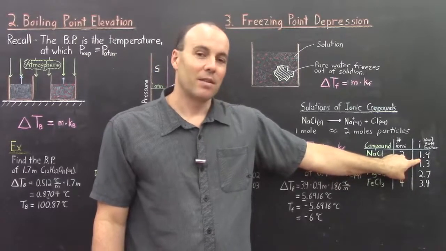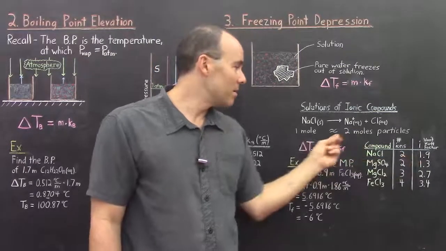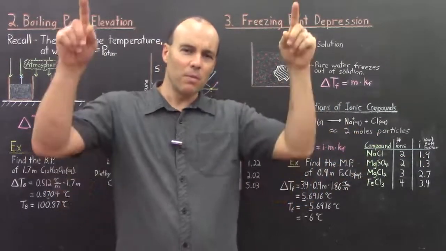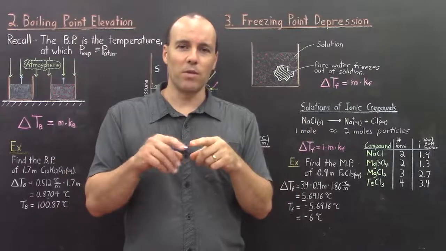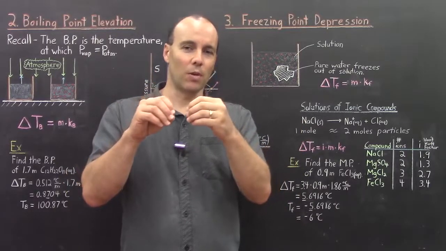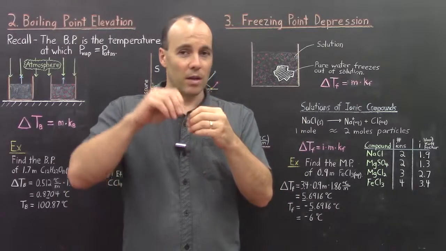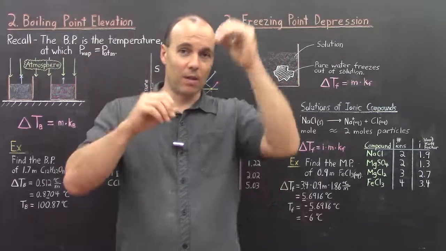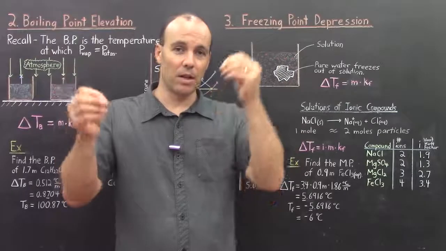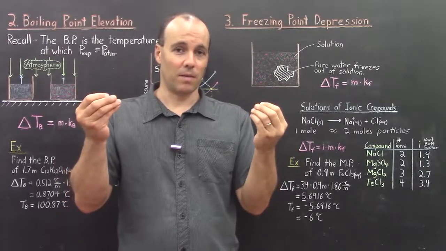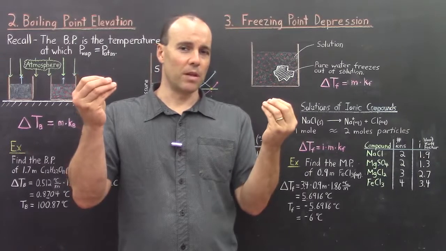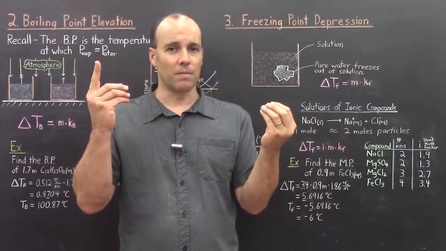Now the reason that it's not 2 times as many particles is because if you imagine a container where you dissolve 1 mole of sodium chloride in water, and all of those cations become separated from the anions, so you have all of your cations and anions floating around independently of one another, it seems like you have 2 moles of particles, and that would be a correct assumption.